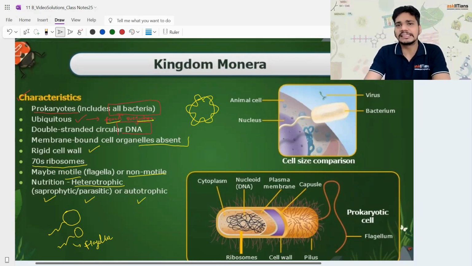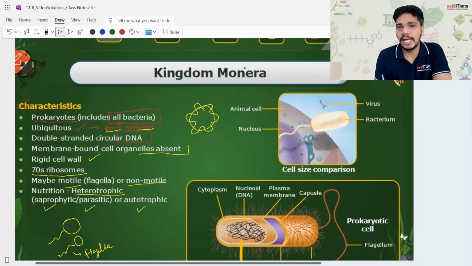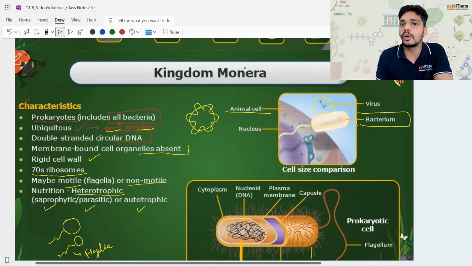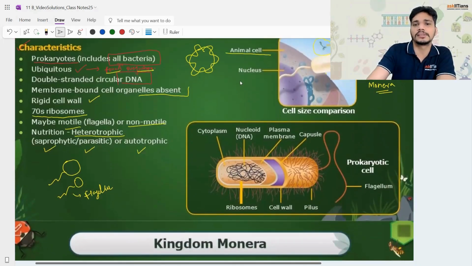So let's understand this with a diagram. First there is an animal cell, then this is a virus, and this is the bacterium. We are going to talk about the bacterium because exclusively bacteria fall under Monera. So let's talk about this diagram.